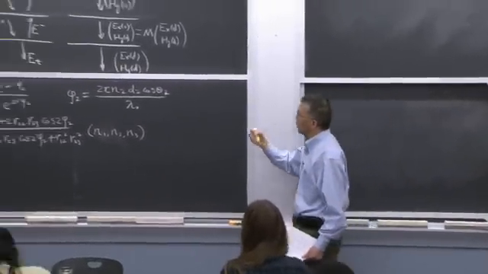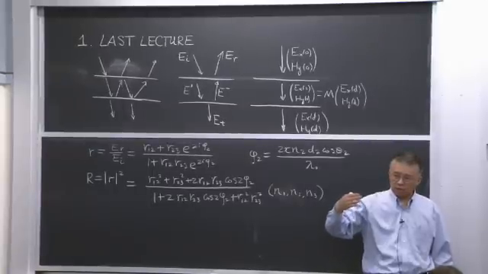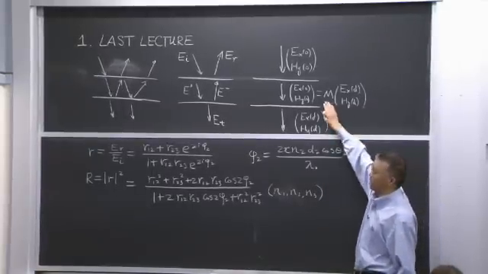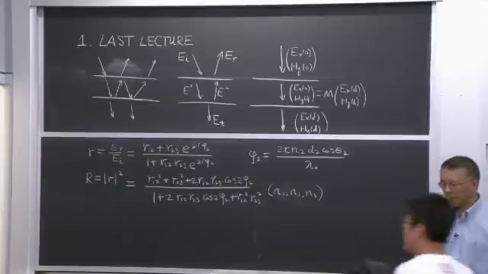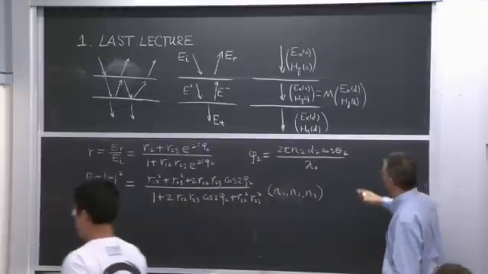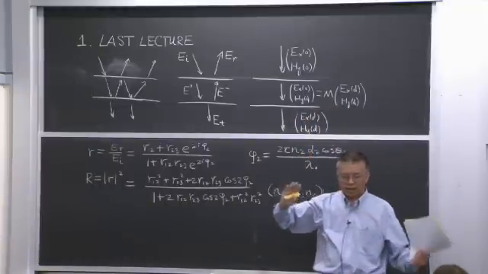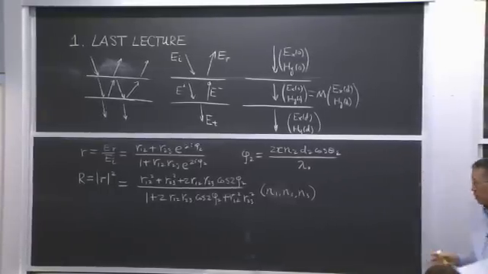Because at the interface these are continuous, it's easy for me to propagate this through many layers as long as I have the transfer matrix. That transfer matrix is a phase factor. You have a general formula for each layer. And when you have many layers, it's just a multiplication of those layers.